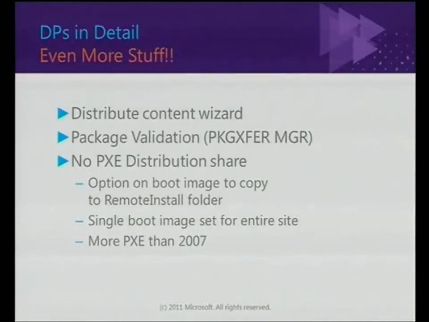So how do we get boot images to the Pixie, to the Pixie WDS, really, to the remote install folder? Essentially, on distribution points that have been Pixie enabled through the tick box, we do that first, and then we go into our boot images that we want to be available via Pixie, and we just tick a box on the boot image that says make this available on Pixie.